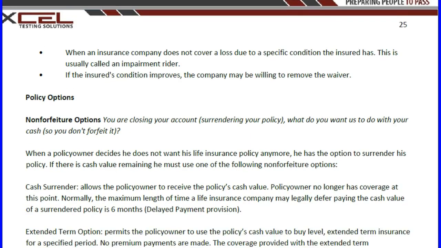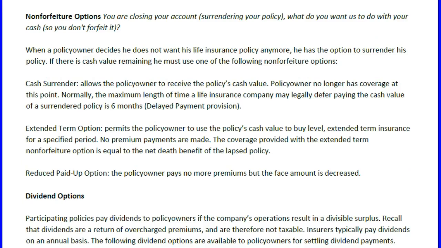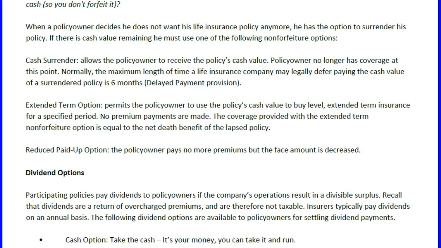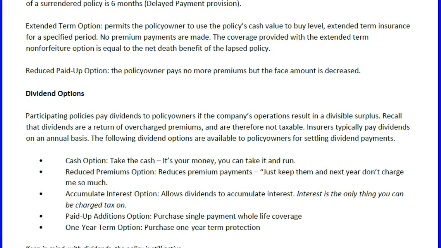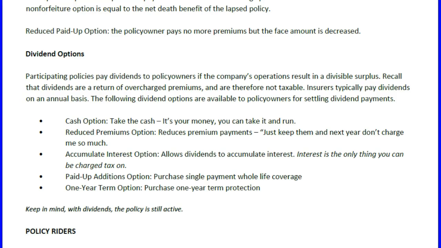And the policy options, nonforfeiture options. What do you want us to do with your cash? If you want to get out of it, you get the money, you extend term, or you reduce the payout. Dividend options, same thing. Cash option, reduce premiums option, accumulate interest option, paid-up additional option, one-year term option.